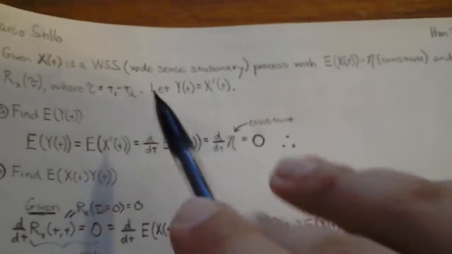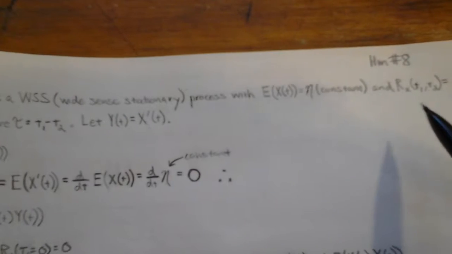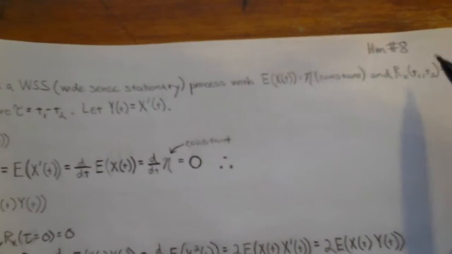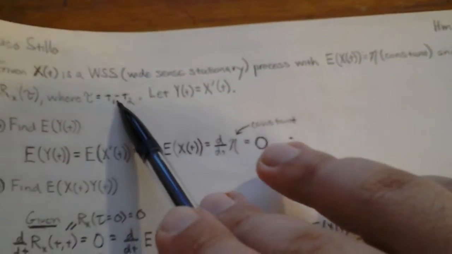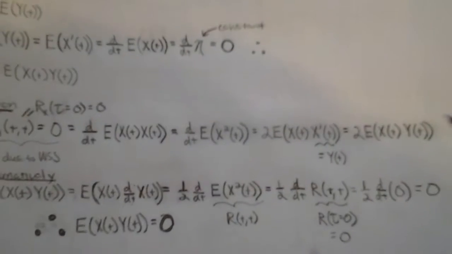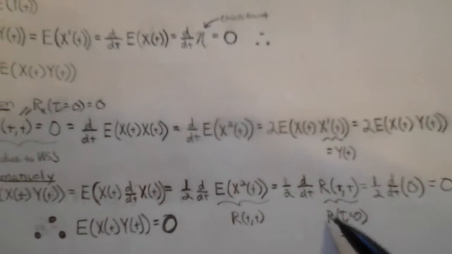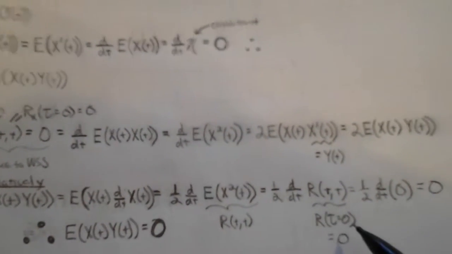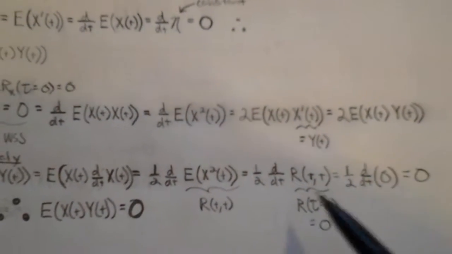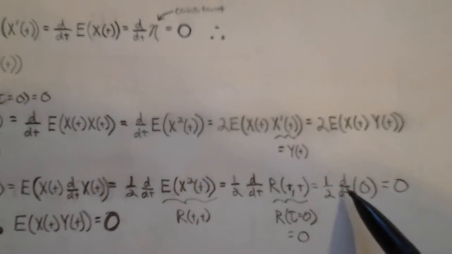Because we defined it in terms of the difference, a single point, t minus t, just becomes 0. So R_x in terms of tau is R_x of 0, and the derivative of that constant is 0. So our derivative is 0.